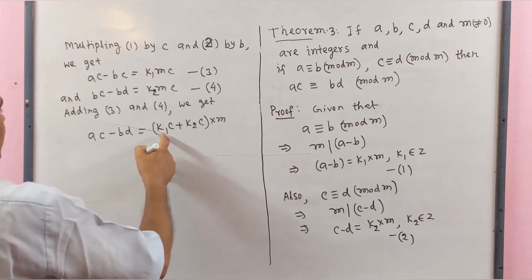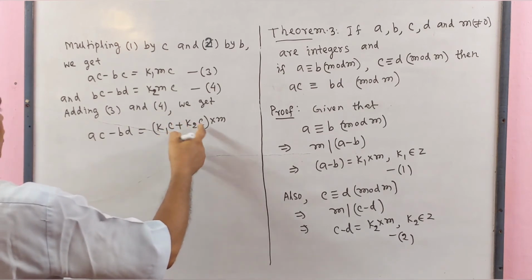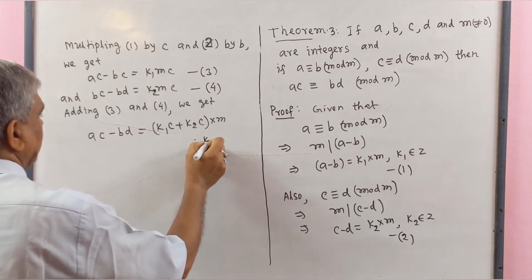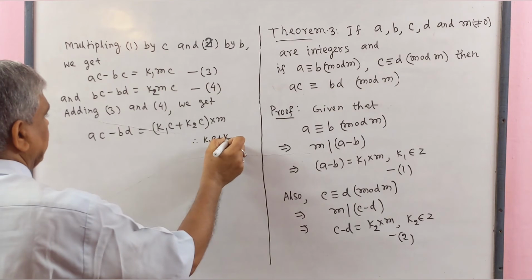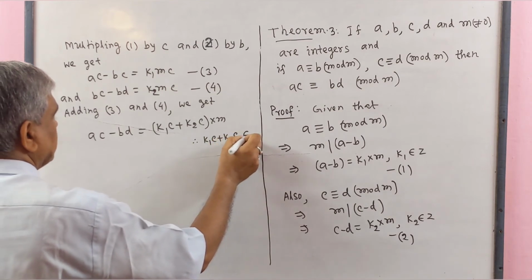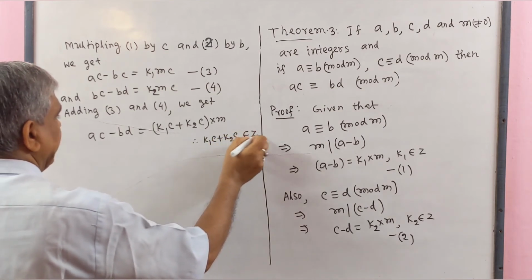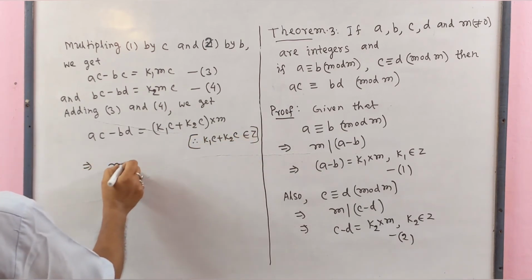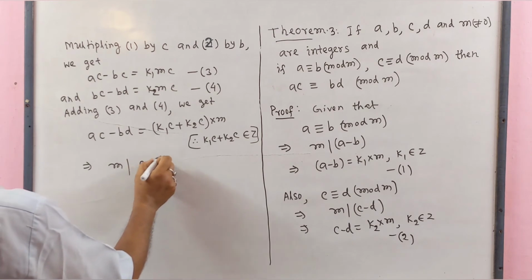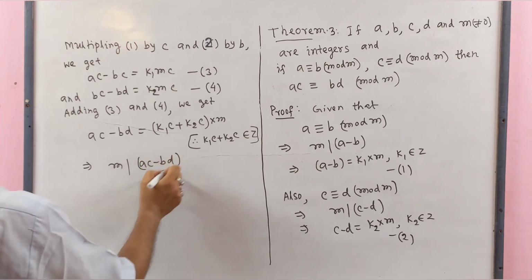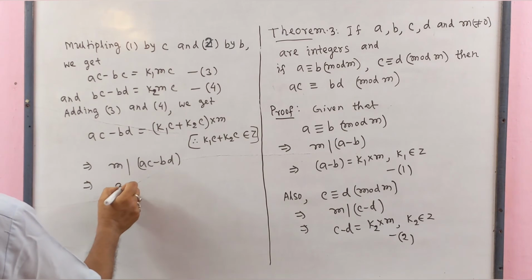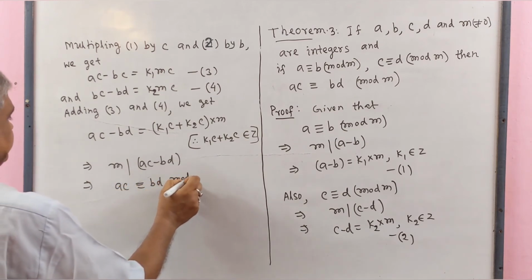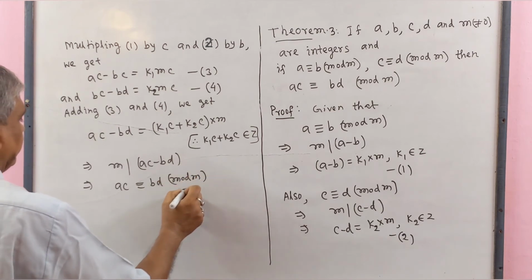Since k1, k2, c all are integers, therefore k1 c plus k2 c belongs to Z, an integer, which implies that m divides ac minus bd, which implies that ac is congruent to bd modulo m. Proved.